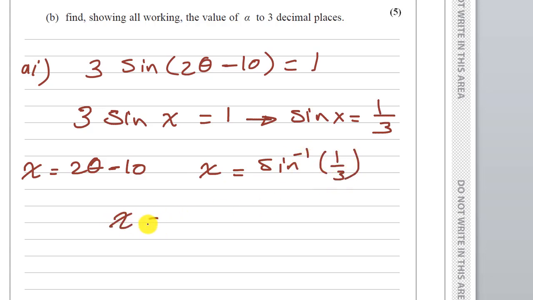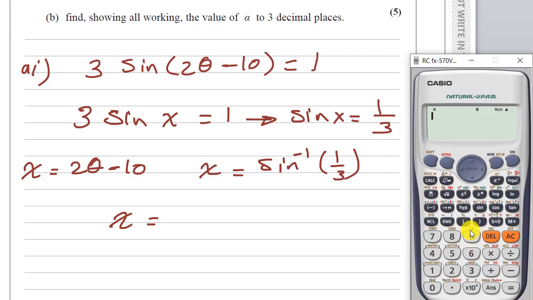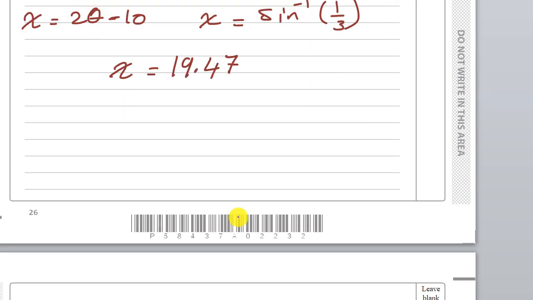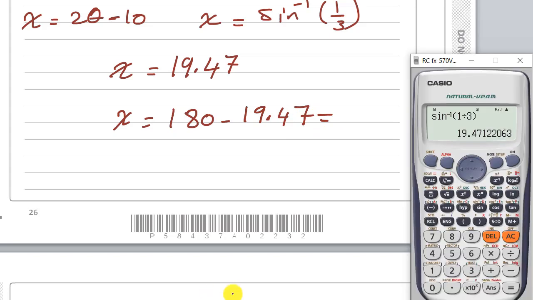So x is equal to, let us find the x. Now sine inverse 1 divided by 3, close the bracket, 19.47. And of course x is equal to 180 minus 19.47, so it's equal to value of x.